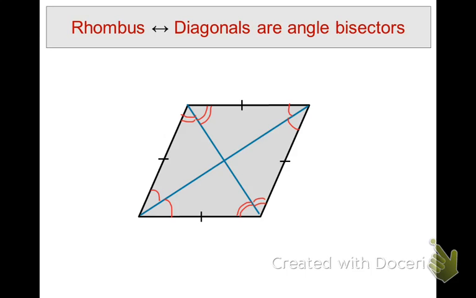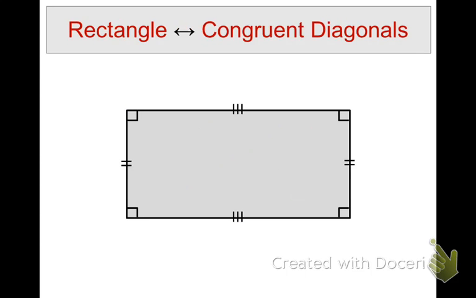All right. So now we're moving on to rectangles. A rectangle has congruent diagonals. So let me draw on the diagonals real quick.